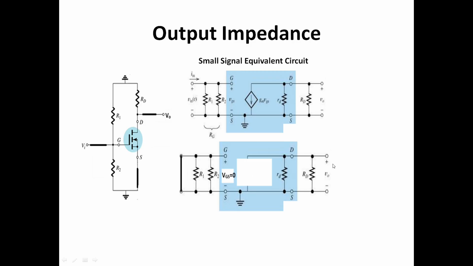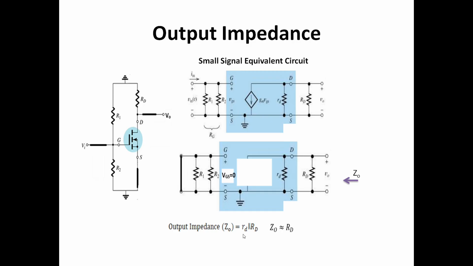After removing that, you can see that now the smaller rd and capital RD are parallel to each other. So if I want to find out the output impedance through this terminal, these two are parallel, so output impedance Zo equals smaller rd parallel to capital RD.